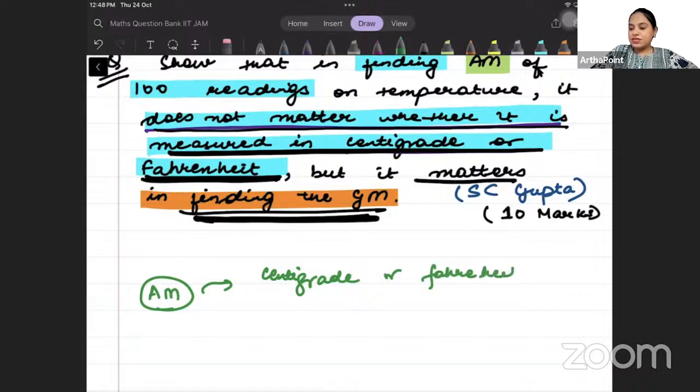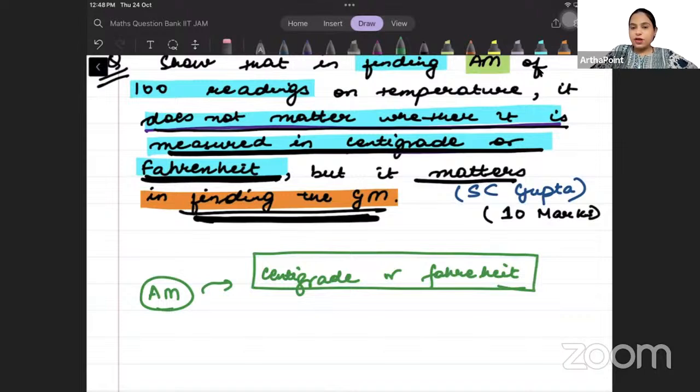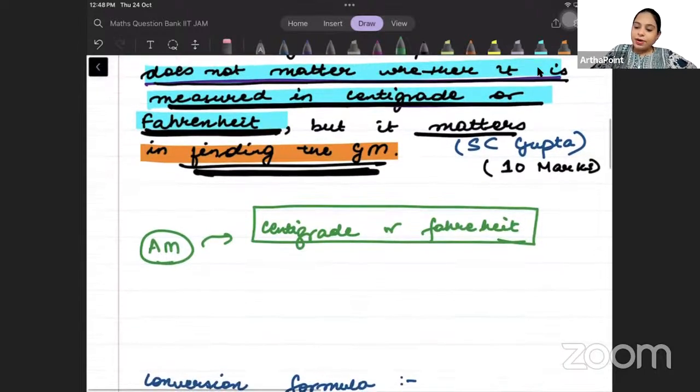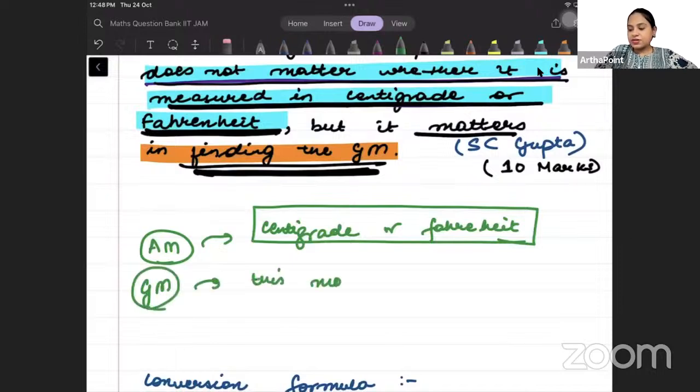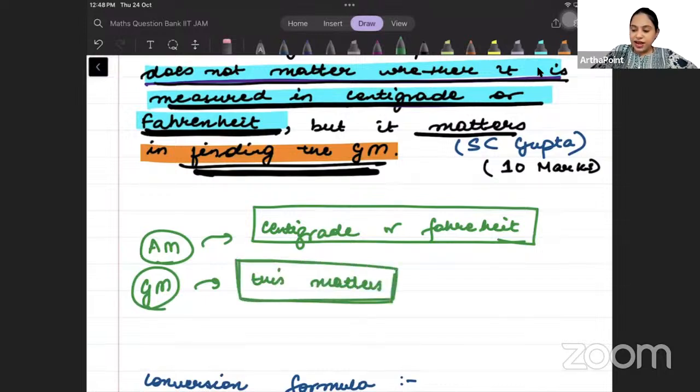Whether we began with centigrade or Fahrenheit, it does not really matter when we talk about the AM. But when we talk about the geometric mean, then this matters, right? It is important to us whether we have got this in terms of centigrade or Fahrenheit. Now, how do we prove this part?